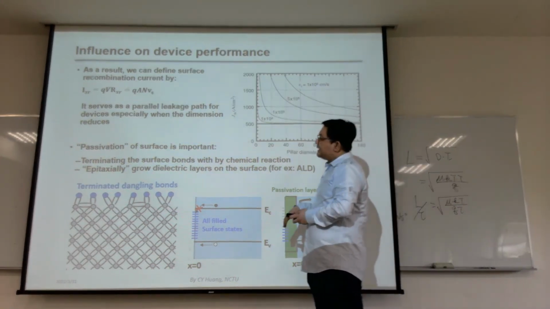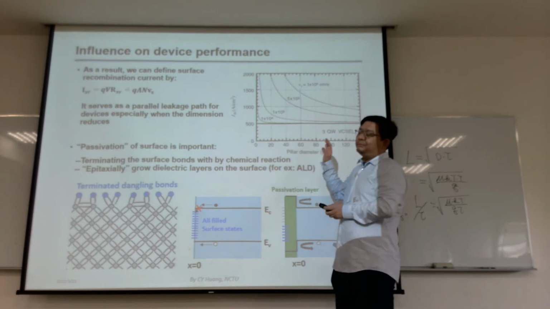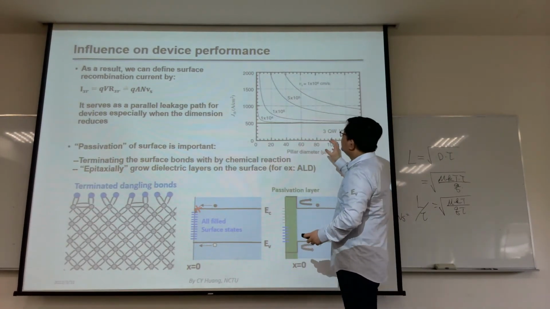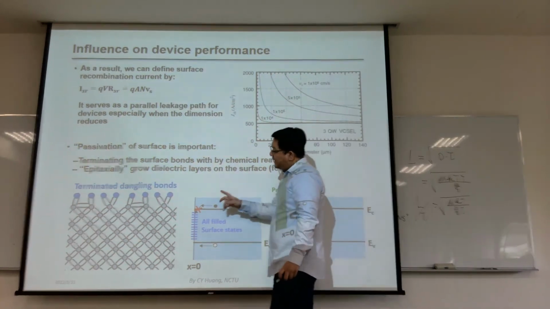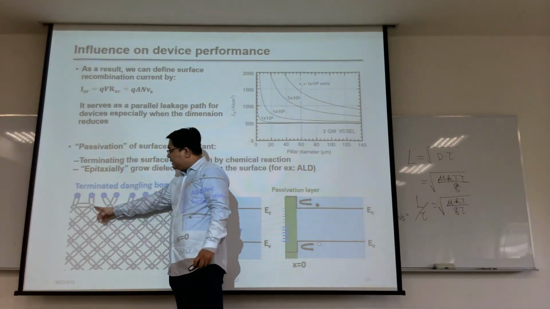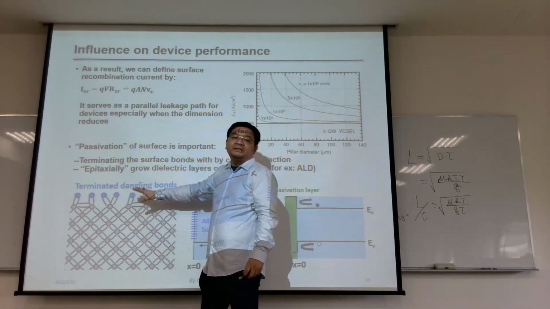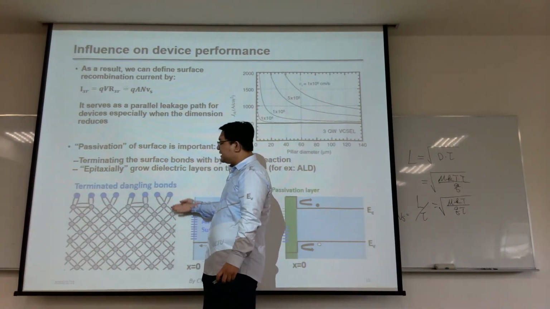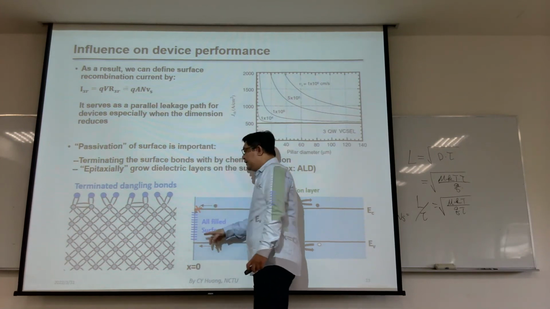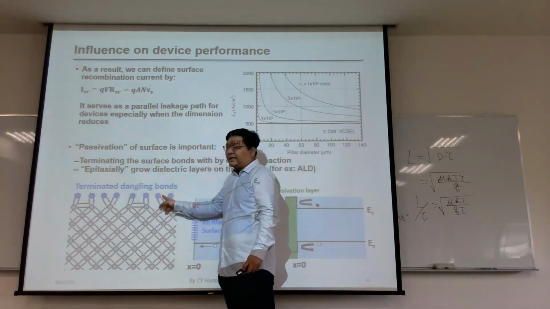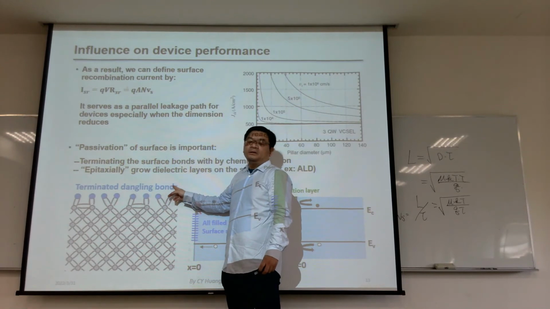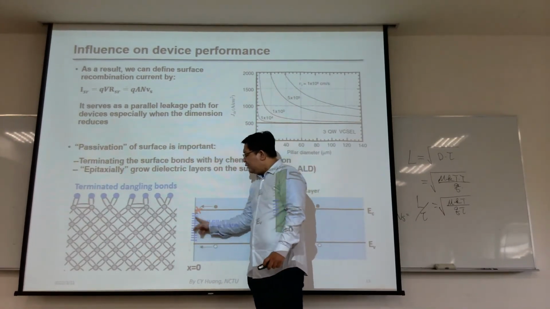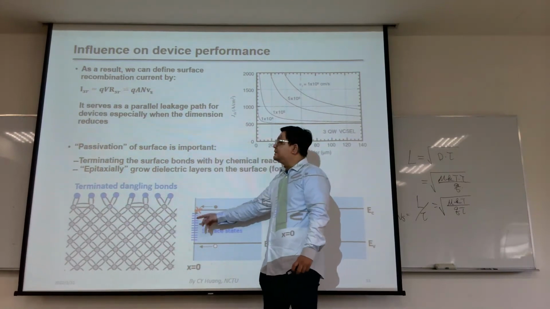So there's an important process called passivation. Passivation means that we try to finish the dangling bonds with something else. Although it's discontinuous, the states are all occupied.